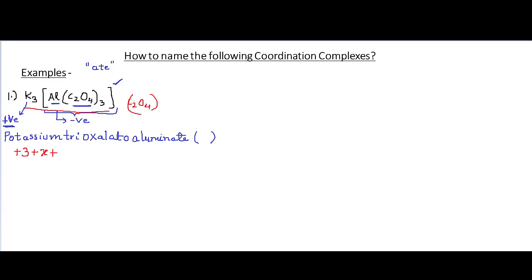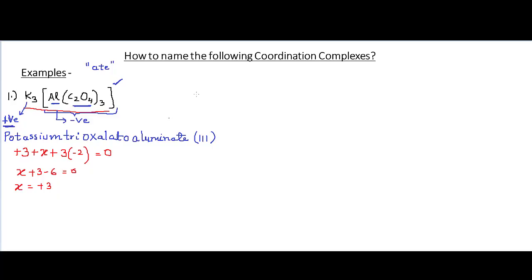So 3 times minus 2 is equal to 0. So x plus 3 minus 6 is equal to 0, so x is equal to plus 3. That means aluminium has plus 3 oxidation state. We write that in brackets in Roman numerals, III. So it becomes potassium trioxalatoaluminate(III). This is how we write the name of this complex.